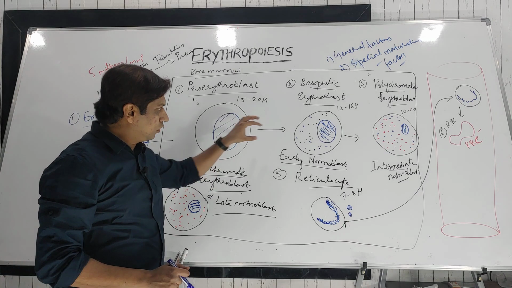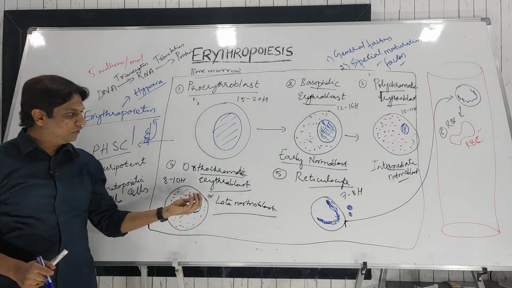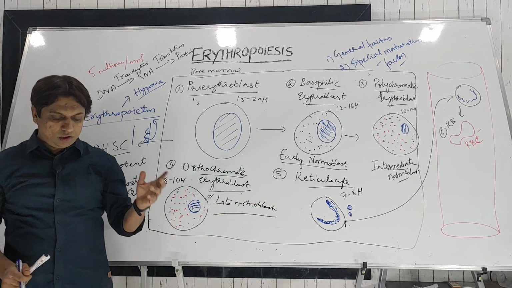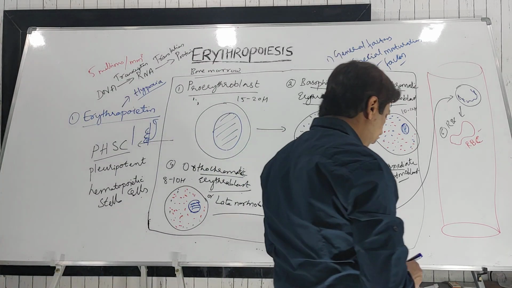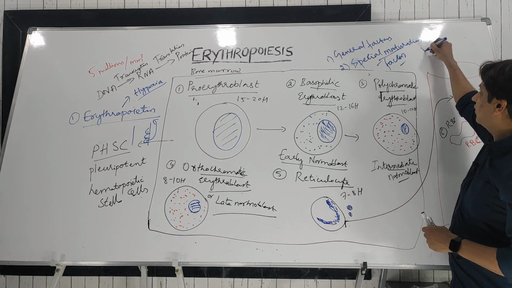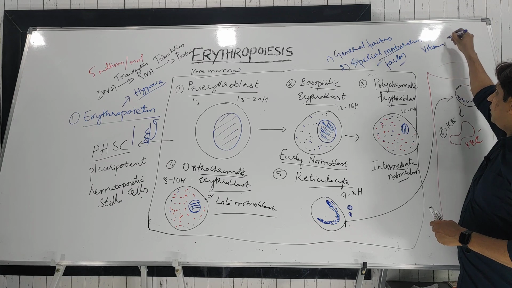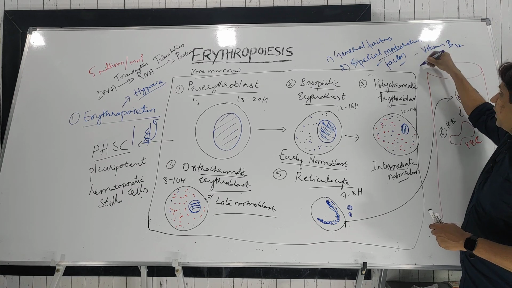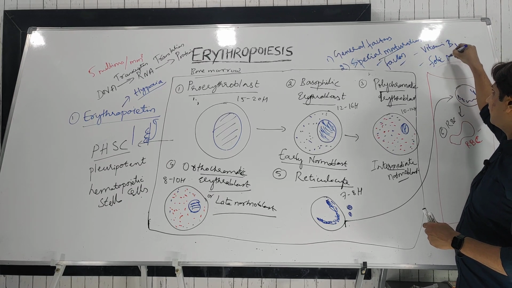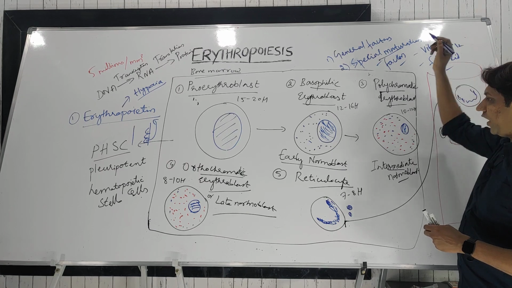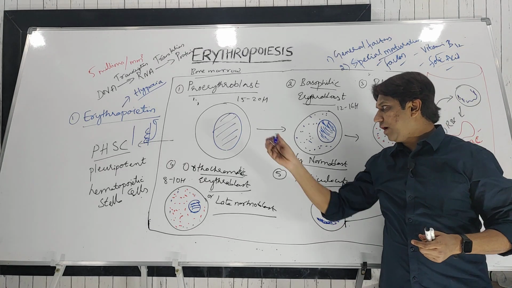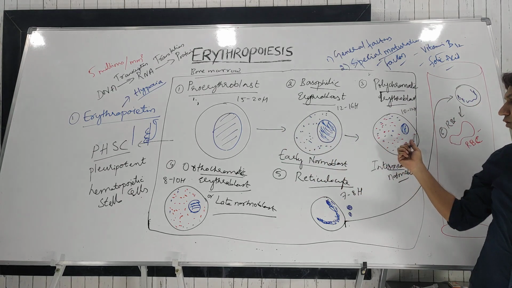Then for nucleus maturation, or the synthesis of DNA and all, the very important special maturation factors required are vitamin B12 and folic acid. Vitamin B12 and folic acid are required for nuclear maturation.